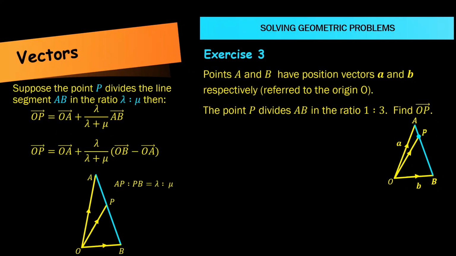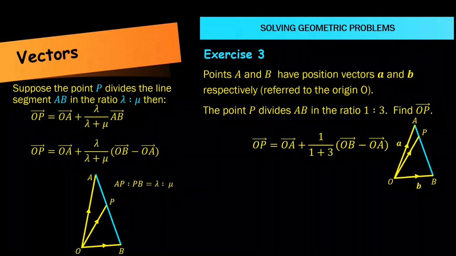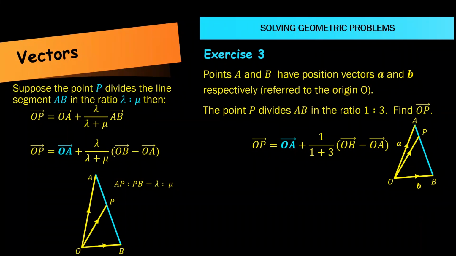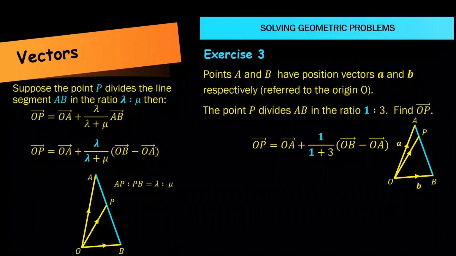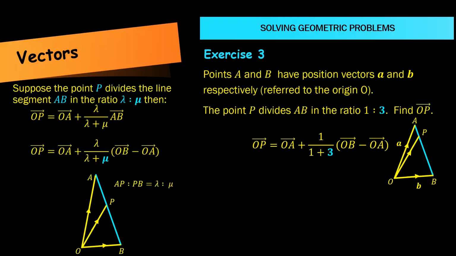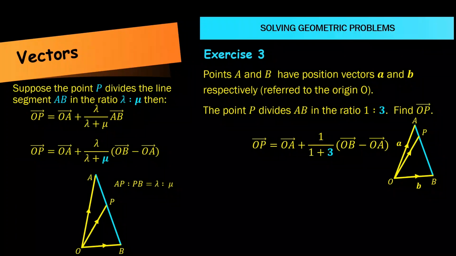If we apply our formula to this example, we obtain OP is equal to OA plus 1, which has taken the place of lambda, over 1 plus 3, which has taken the place of mu, times AB.